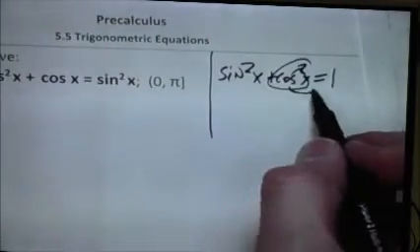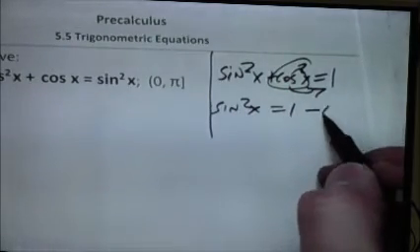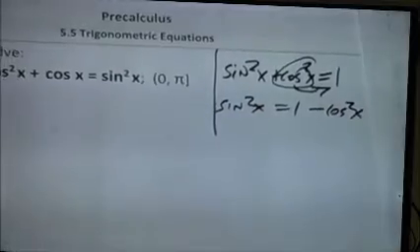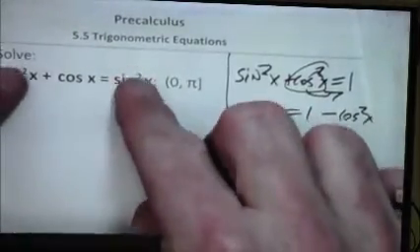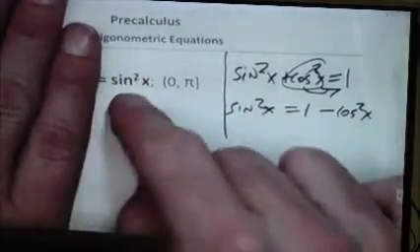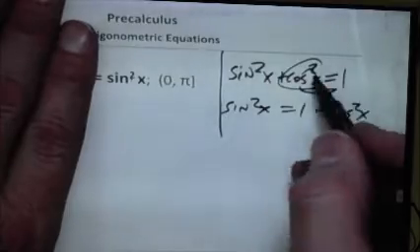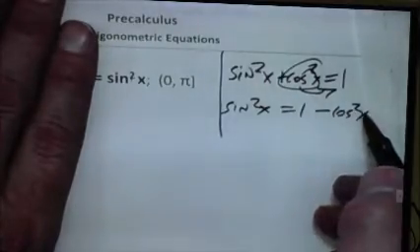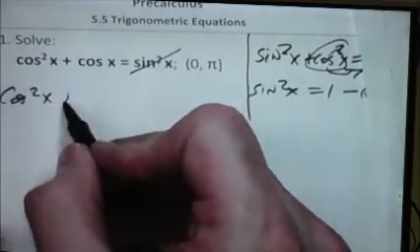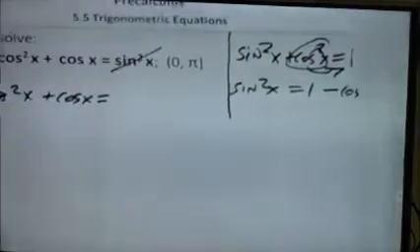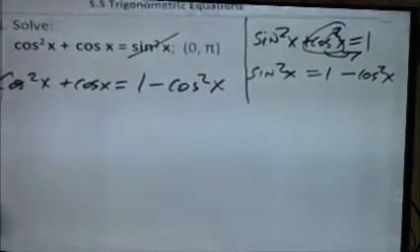If I move this one that way, I get this. So instead of this one and this one being combined together, I'm just going to ignore the other ones and just do that. By moving this over in the Pythagorean identity, I get 1 minus cosine squared x, and I'm going to just replace that. Plus cosine x equals 1 minus cosine squared x.